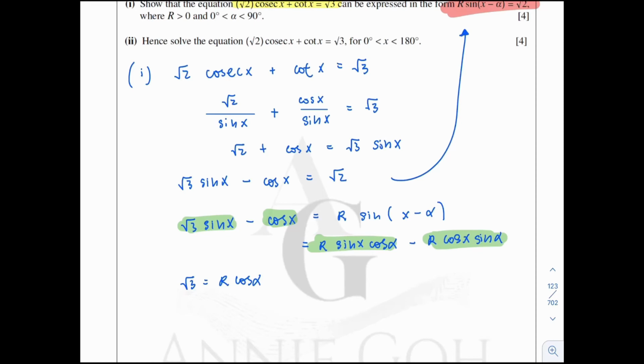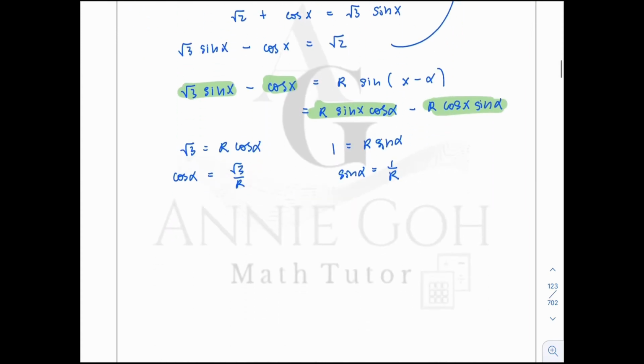For the second term, the coefficient of the cos x is 1. For the right hand side, the coefficient is r sine alpha. So you just need to express cos alpha in terms of r and sine alpha in terms of r as well. Then from here, you just need to have a right angle triangle, with alpha here.